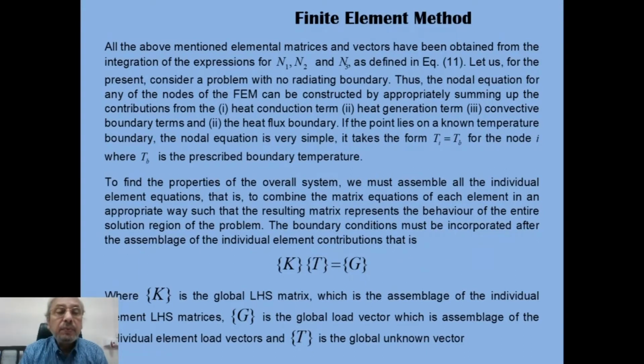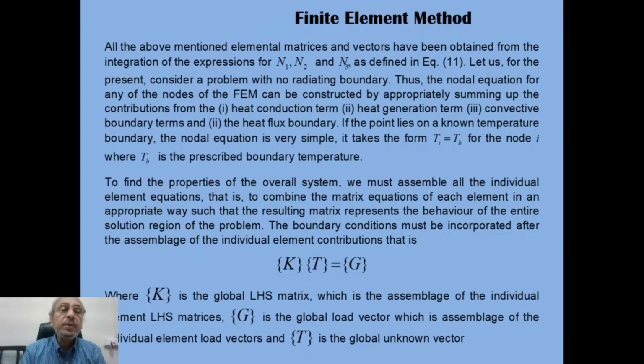Let us for the present consider a problem with no radiating boundary. So we have considered all the boundary conditions, but the radiative boundary condition we have not evaluated. We'll evaluate that a little later. So let us imagine a domain which does not have any boundary where radiative heat transfer is taking place.